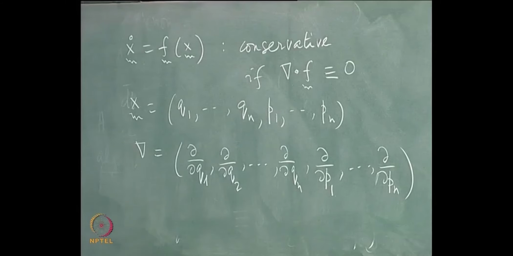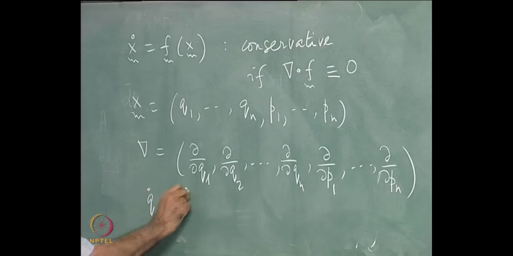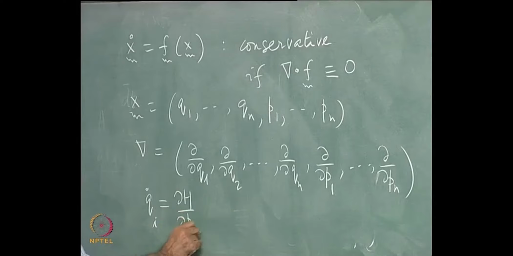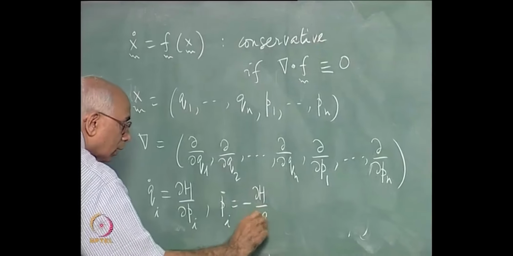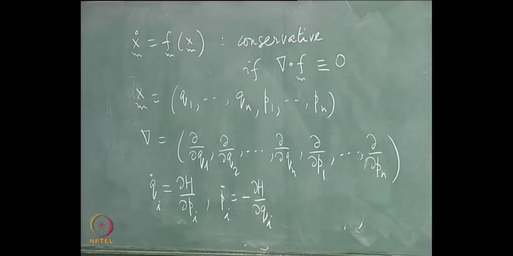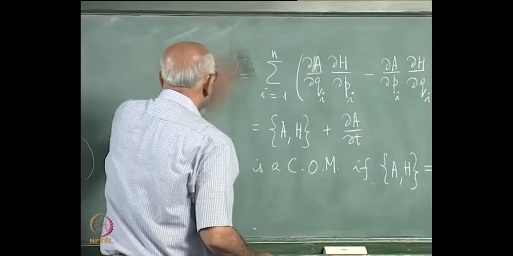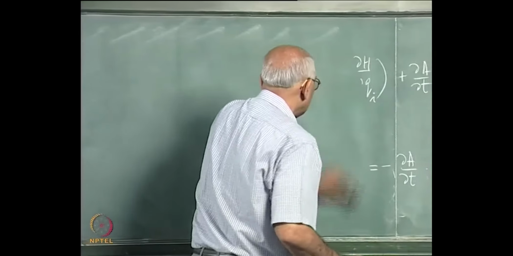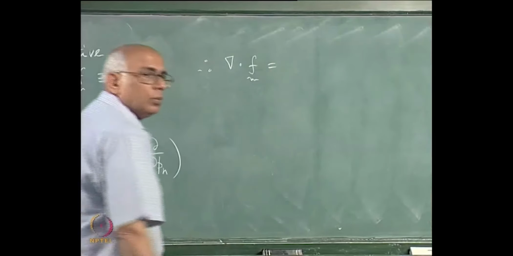And recall our equations of motion. The equations of motion were qi dot was delta H over delta pi but pi dot was minus delta H over delta qi. Therefore, if I simply compute this divergence here, it gives us a very simple result. Therefore, del dot F in this case was equal to what?